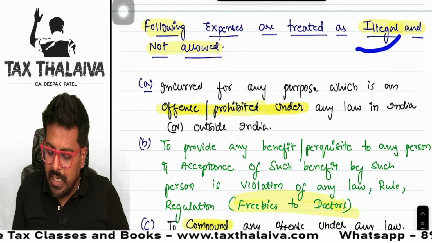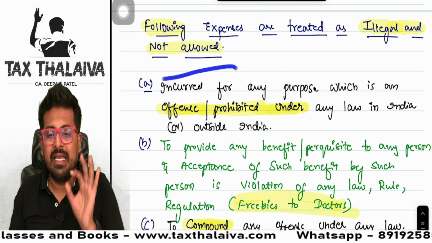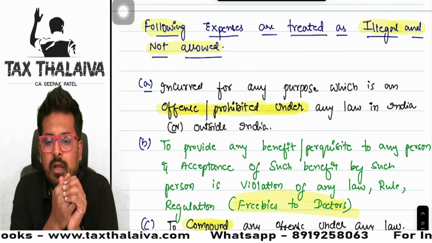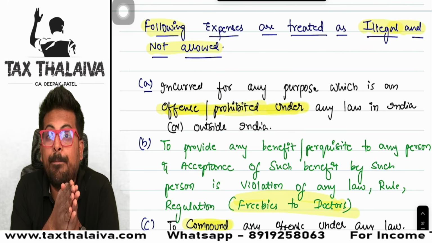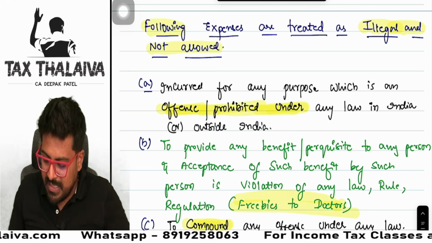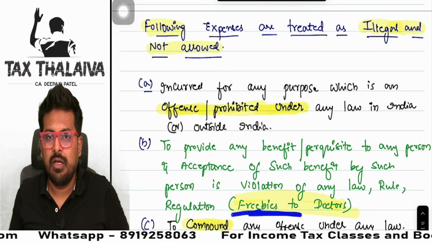Now, the following expenses are treated as illegal expenditures. Sir, what is an illegal expenditure? You are paying any bribe to any officer, that is an illegal expenditure, or you are giving some freebies to doctors.